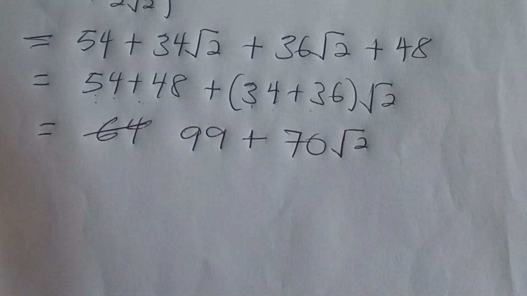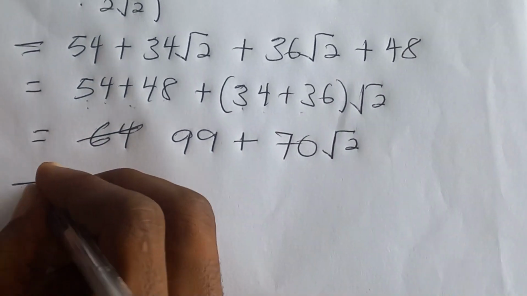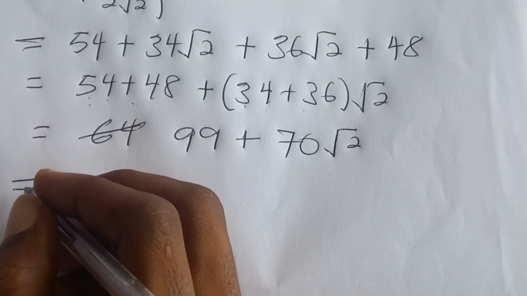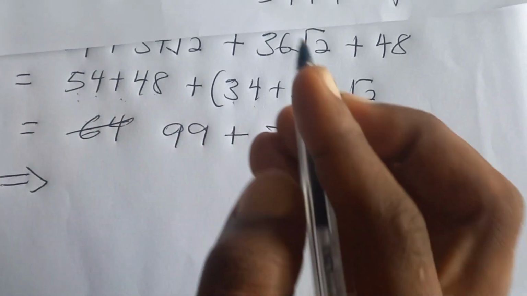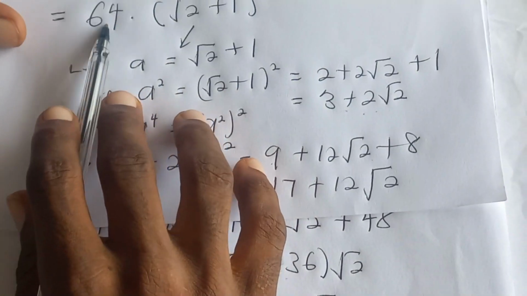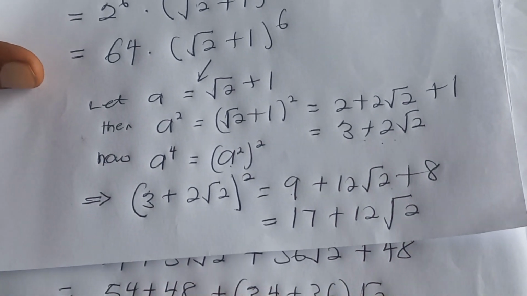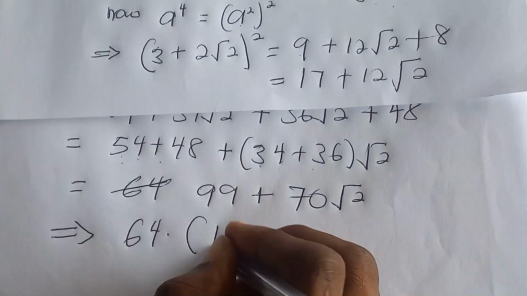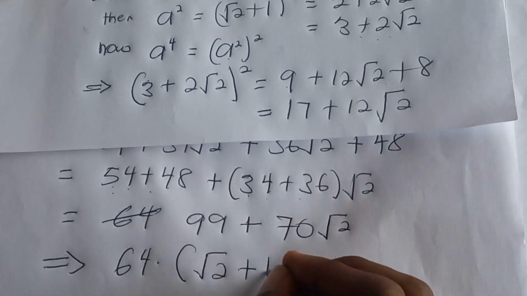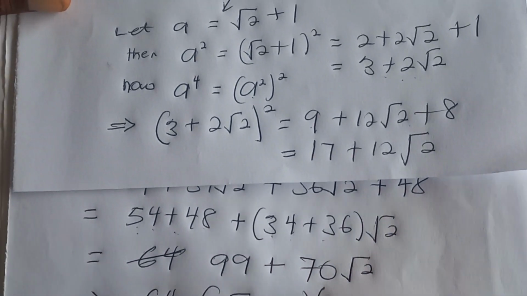Now let's not forget that our original expression was 64 multiplied by square root of 2 plus 1 all exponent 6.